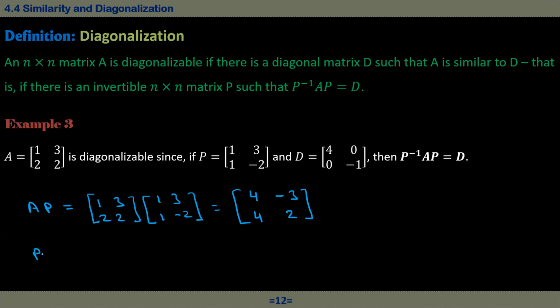And how about PD here? P is 1, 3, 1, minus 2. D is 4, 0, 0, minus 1. So that's equal to, here we have 4, 0. Here we have minus 3. 1 times 4, 0. Here we have 4, 0.